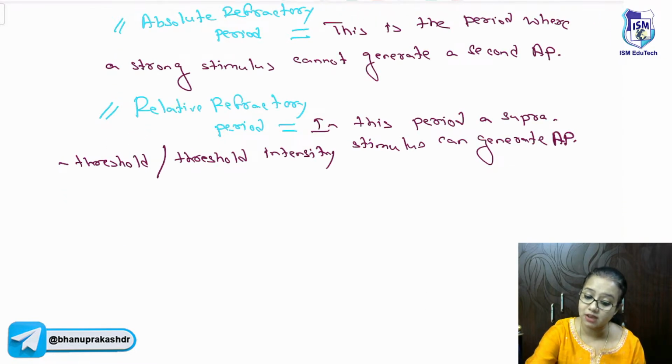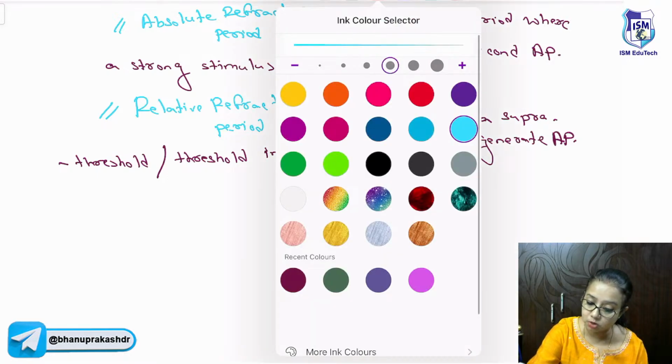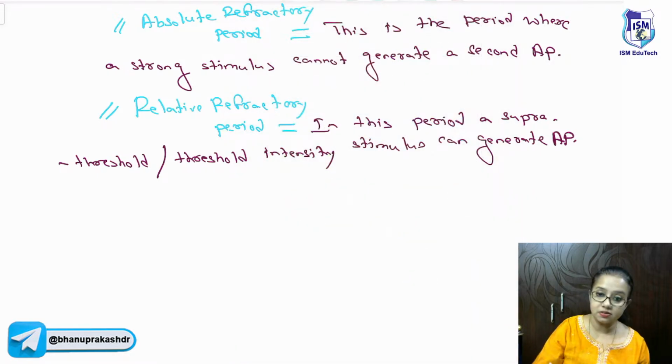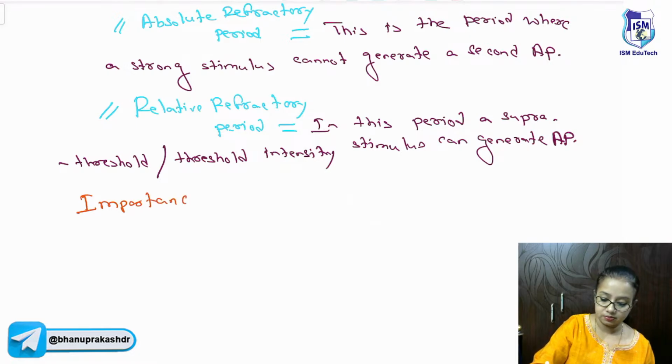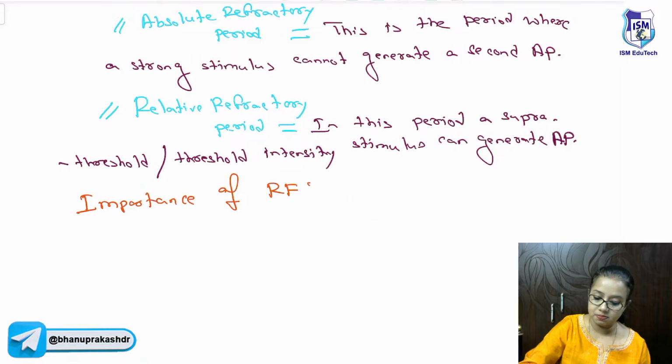Why should the nerve have such a property? What did we study? Each and every nerve fiber does not lie without any termination, right? Yes, there are some free endings of the nerve fiber, but that is different. We'll come to that. A nerve fiber goes and innervates a structure or the other. So, what is the importance of the refractory period?